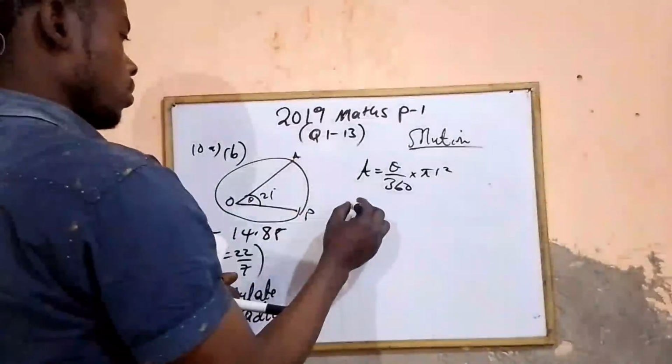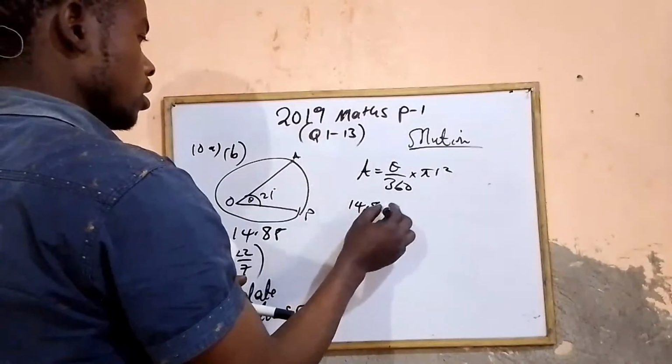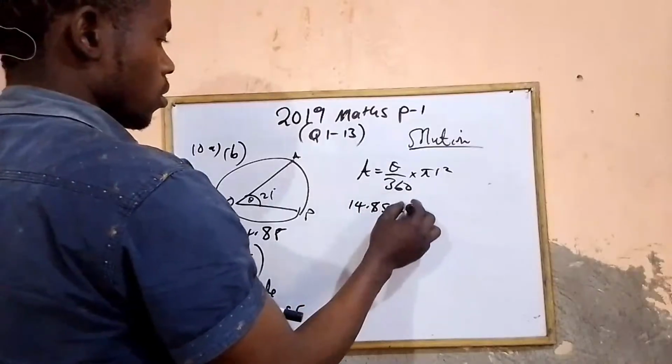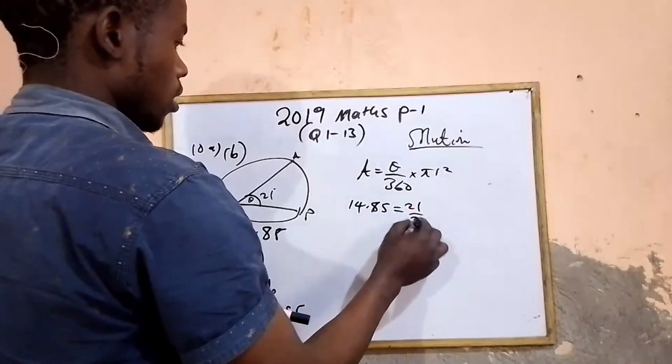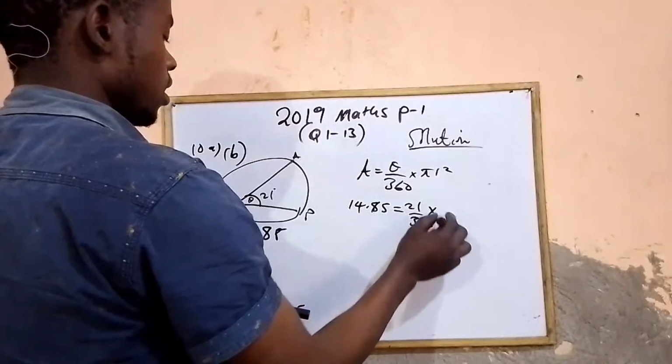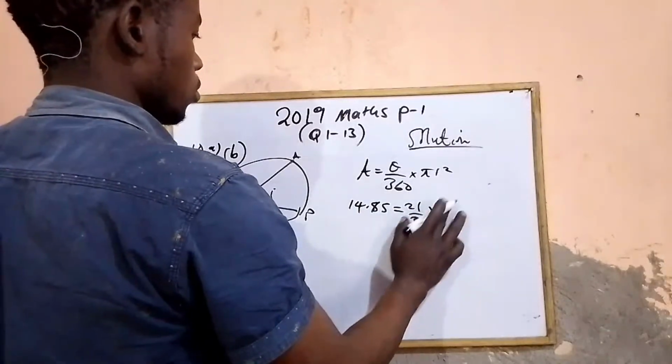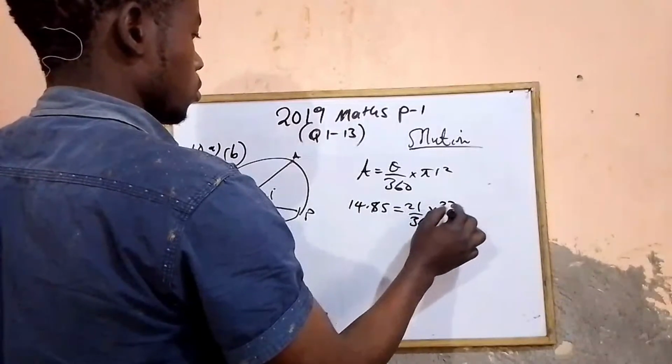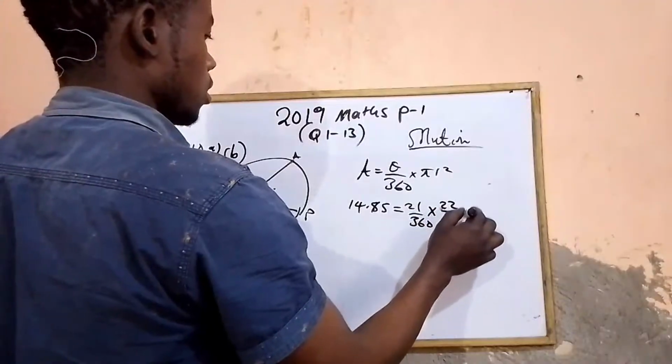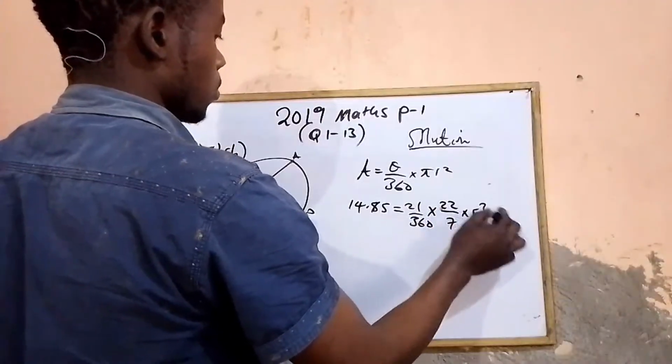So area we are told is 14.85, which should be equal to theta over 360 times 22 over 7 times r squared.